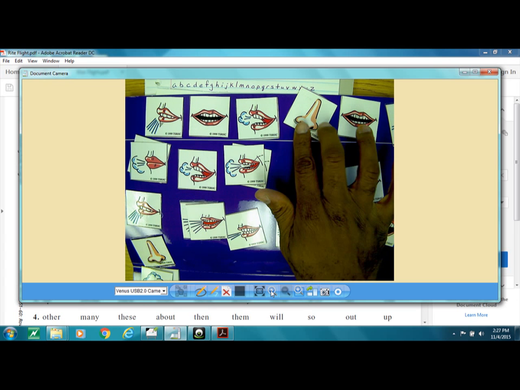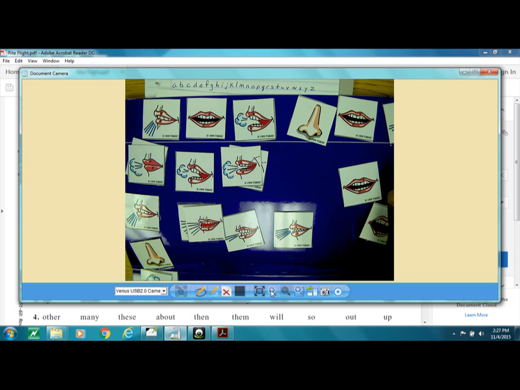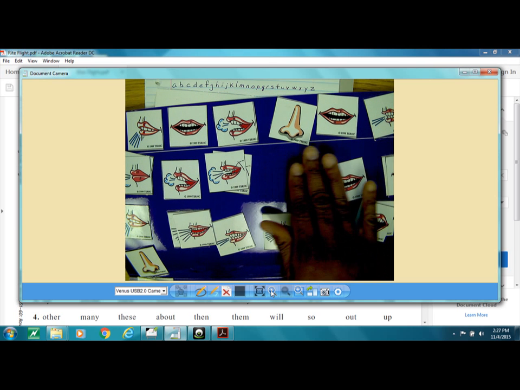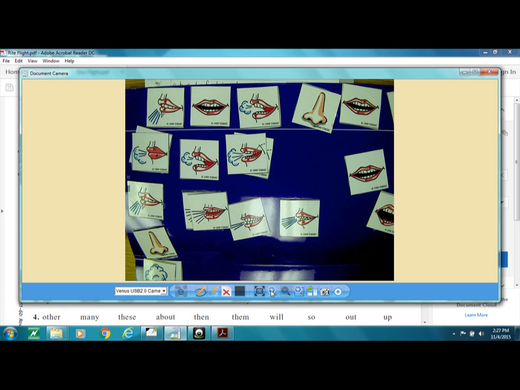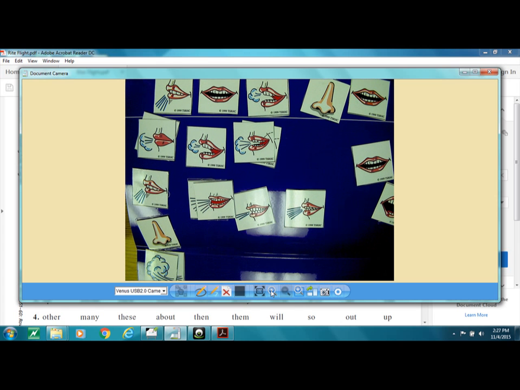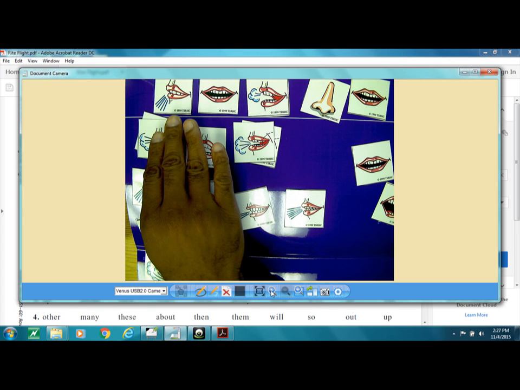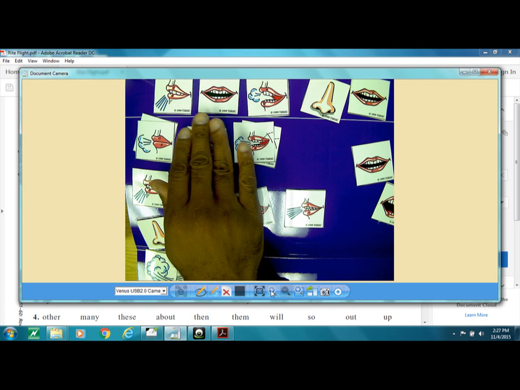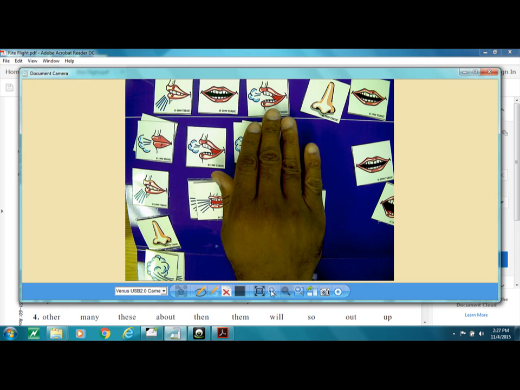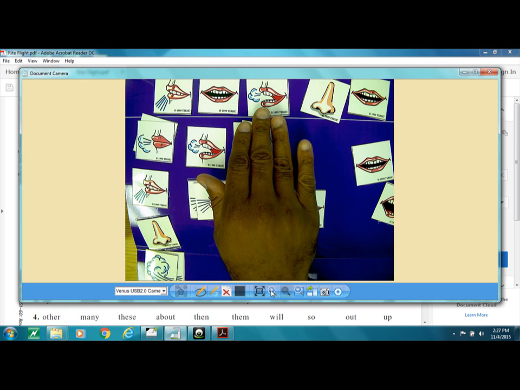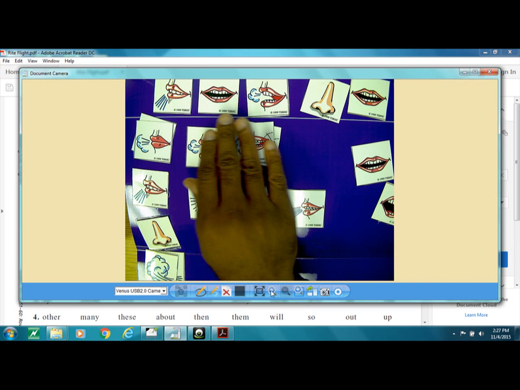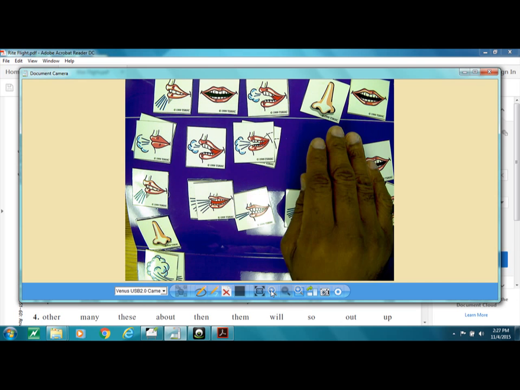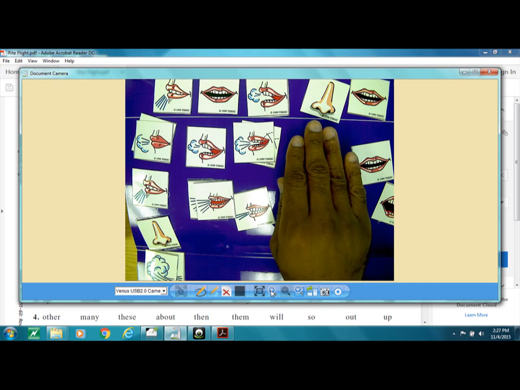Our derivative, our suffix, is ness. Now we're going to have to make a decision on how to spell these. F, I, T. Fit. That's our base word. Ness.